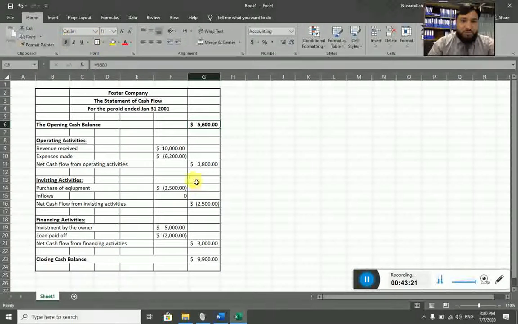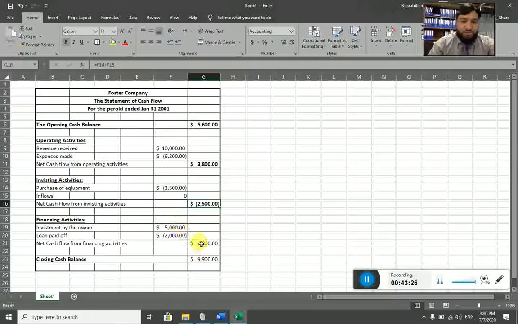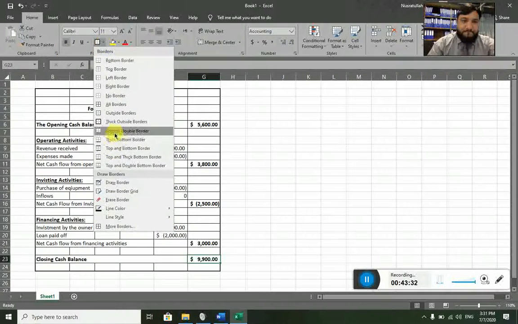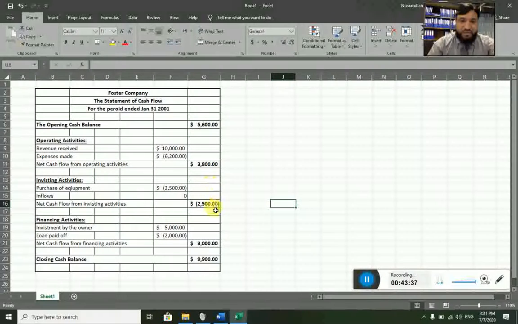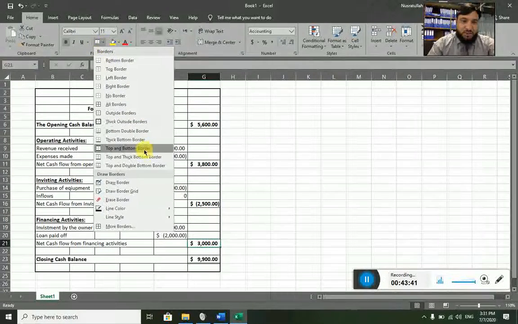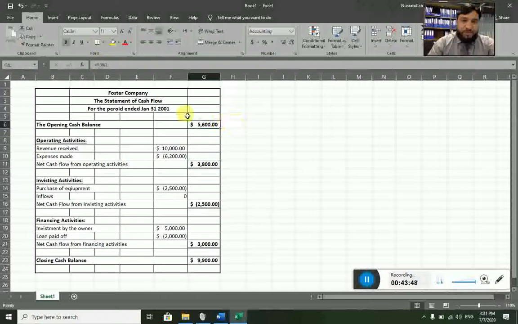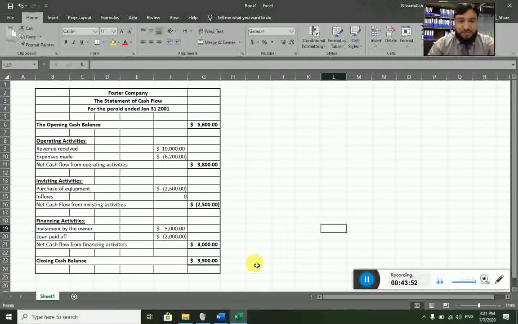Okay, bold, bold, bold, bold plus. All right, and we can put one line down there to show that this is the subtotal. Double underline shows the grand total, and one line shows the subtotal.